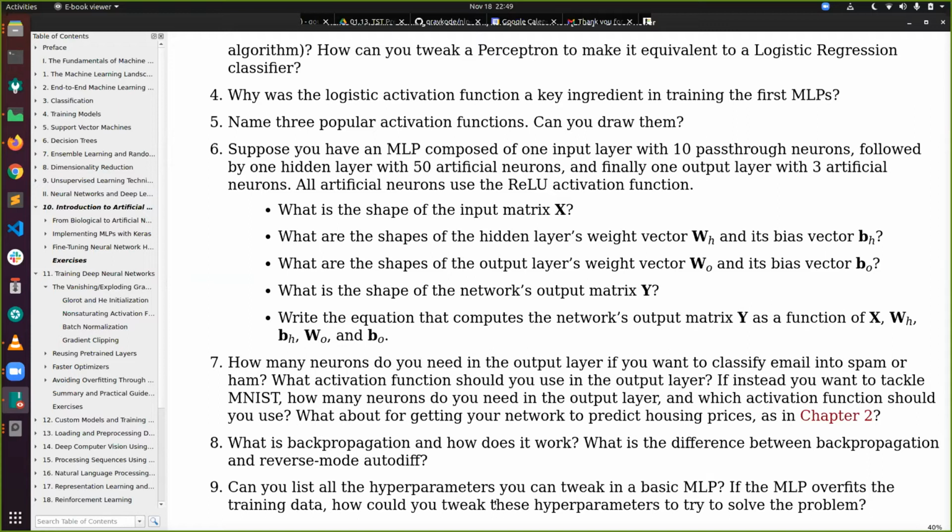How could you tweak these hyperparameters to solve the problem of overfitting? I mean, you could increase your regularization, dropout, and I'm trying to remember. When you're overfitting, do you decrease your learning rate or increase your learning rate?